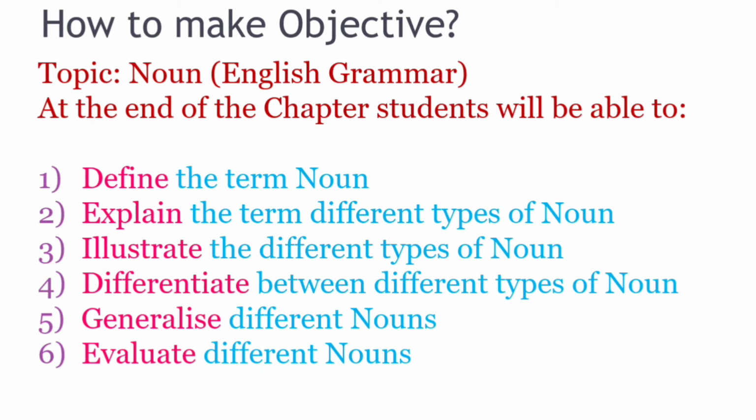Second is explain the different types of noun. Now here the student will be able to describe the different types of noun, the terminology of different types of noun. Basic understanding of the content, its facts, its ideas and its principles, its characteristics are now understood by the child.